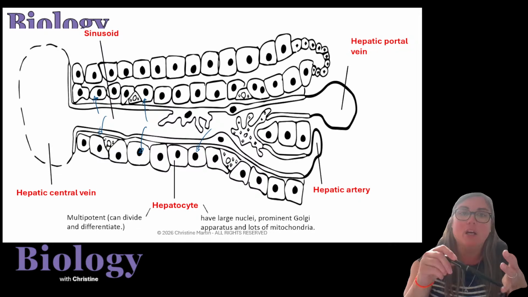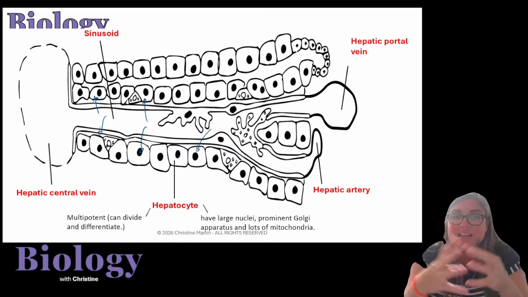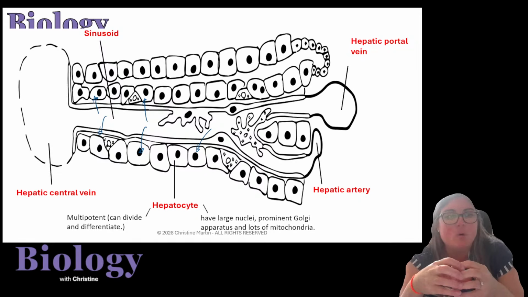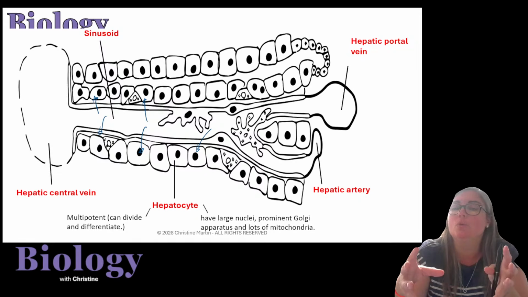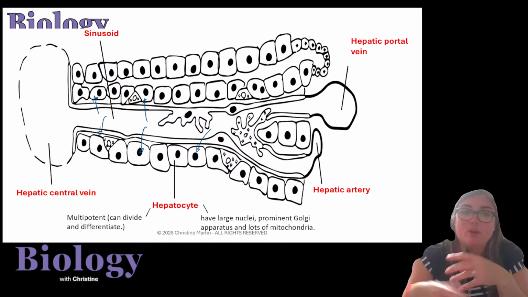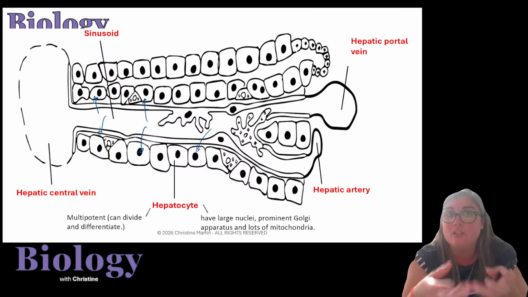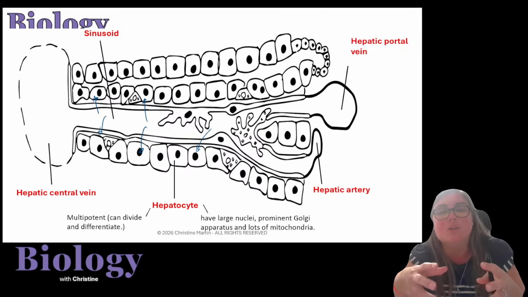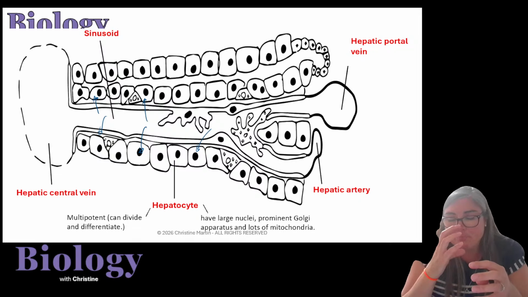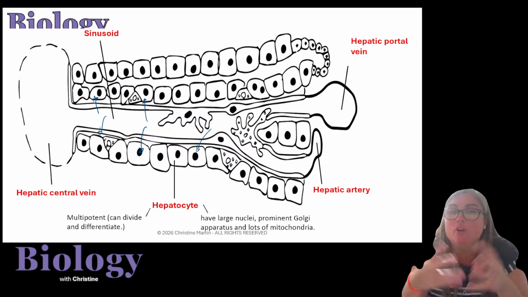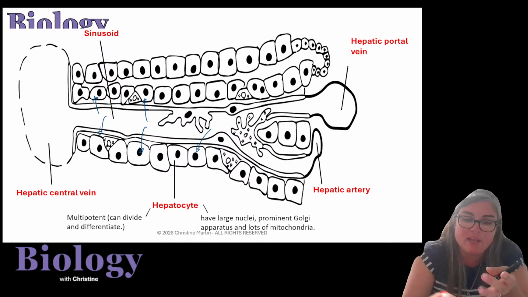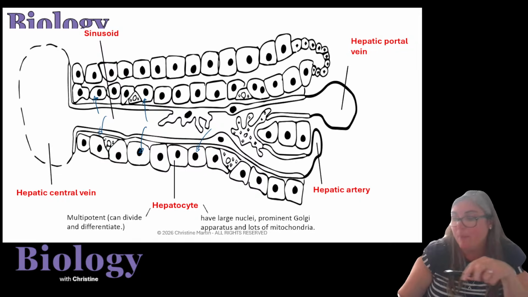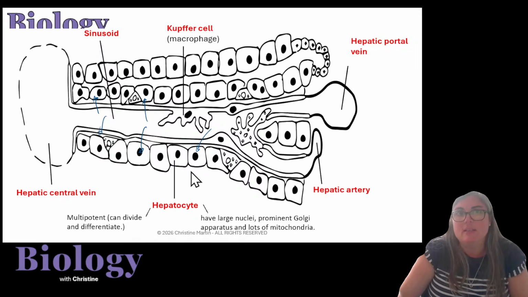If it has large nuclei, that means it has lots of protein synthesis occurring, and therefore it is going to be doing lots of transcription and translation required by the cell, because obviously this is a cell that does a lot of filtering and a lot of detoxification. It's going to require the right amount of ATP. It's going to require the Golgi apparatus for the modifying and packaging of the substances.